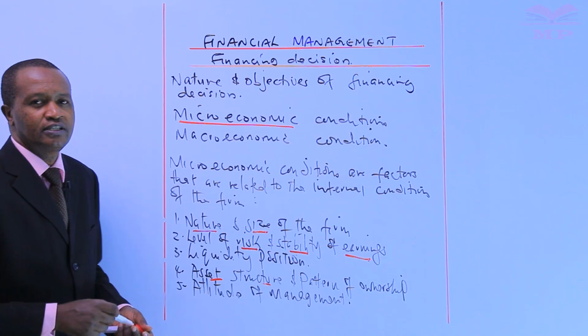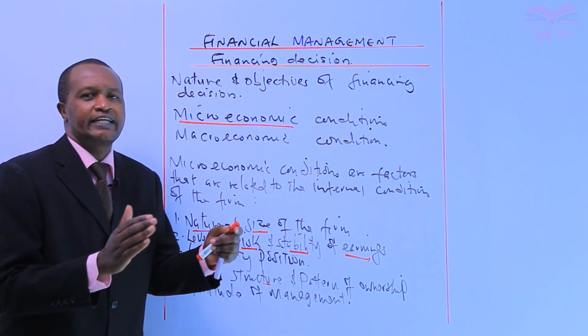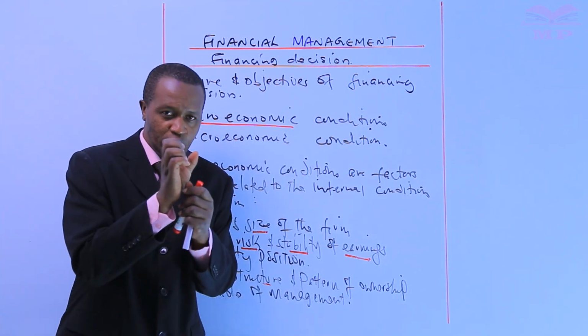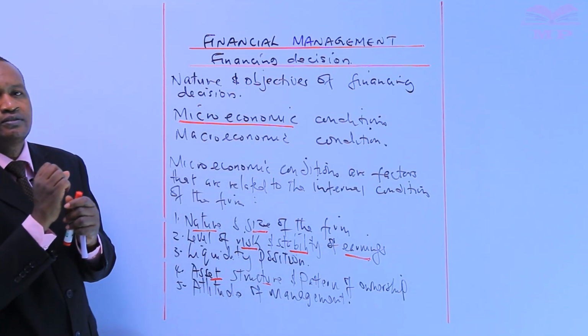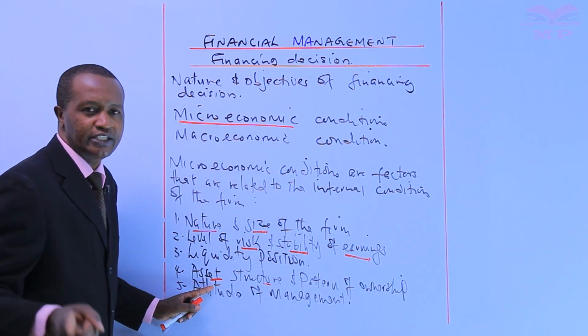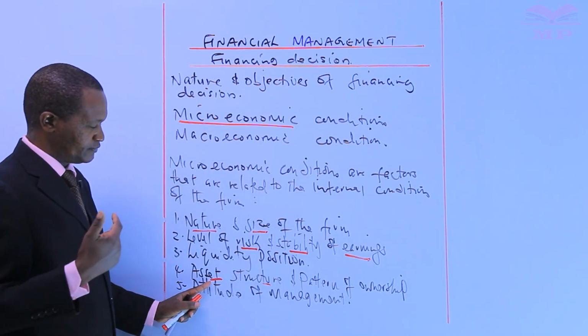Again, candidates, in a closely held company where the ownership is in few hands, the management does not find it difficult to persuade the owners to accept a conservative dividend policy.